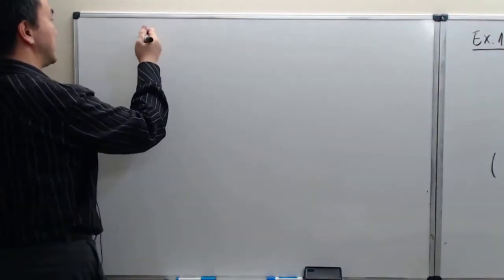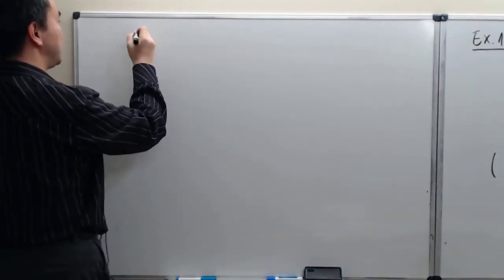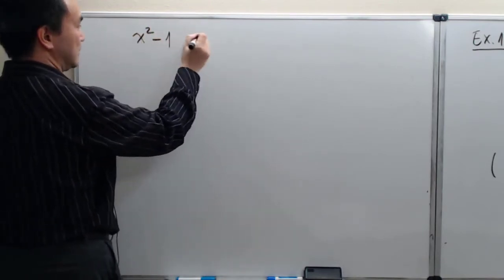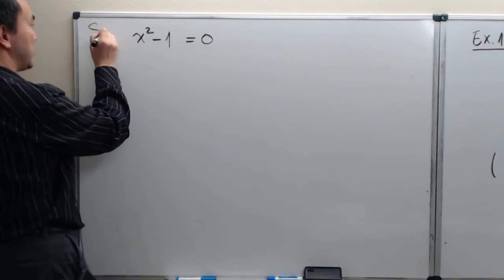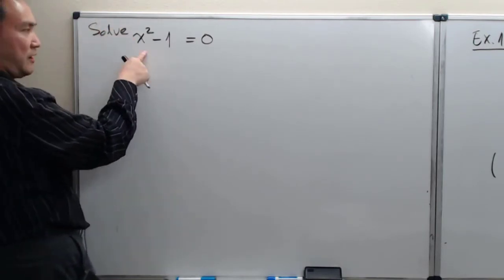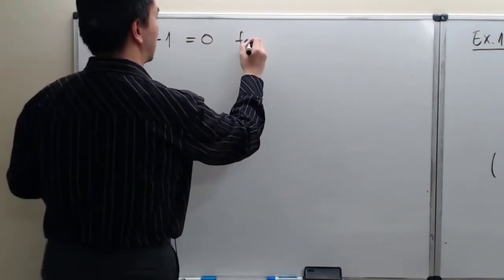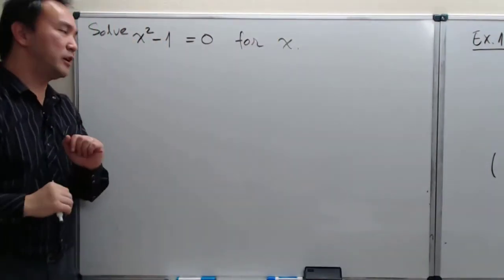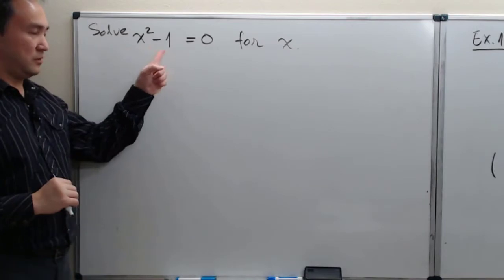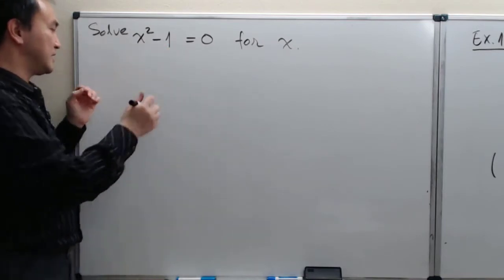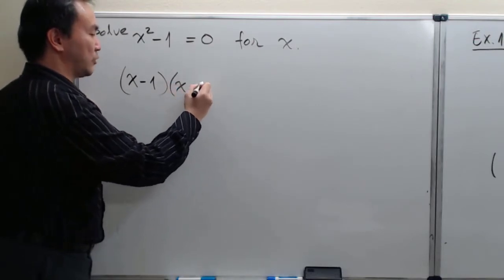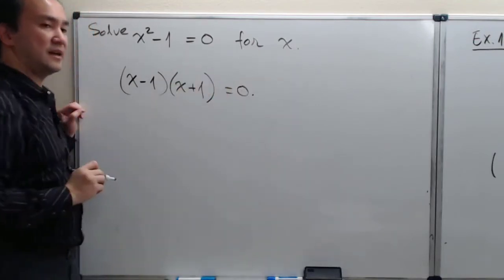Now, just like we have done before, I am going to set our derivative x squared minus 1 equal to 0. We want to solve this equation for x, because that's the only way we can find critical values. The left hand side factors easily into x minus 1 times x plus 1, which equals 0.